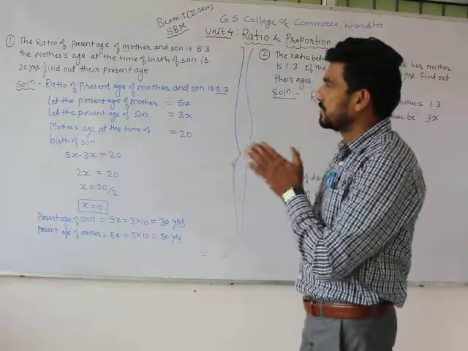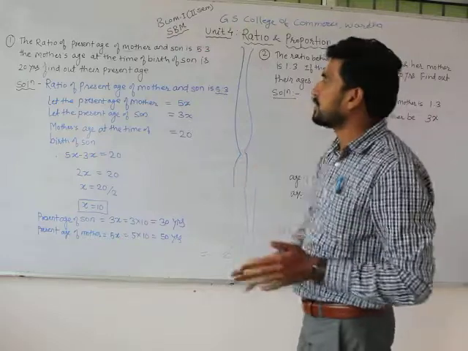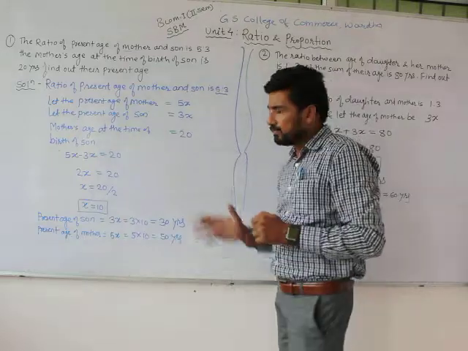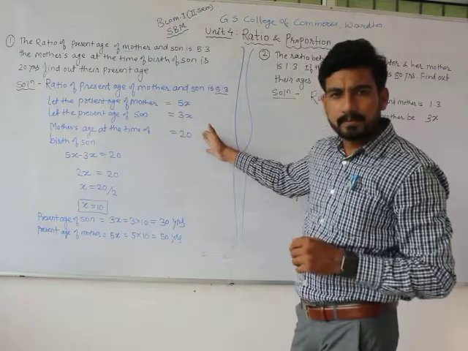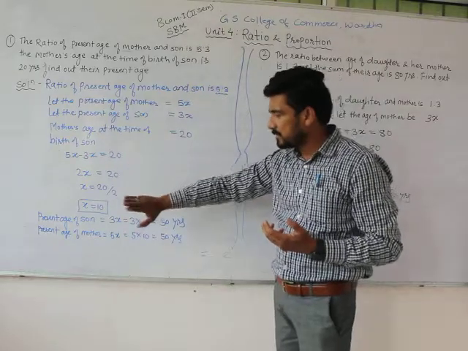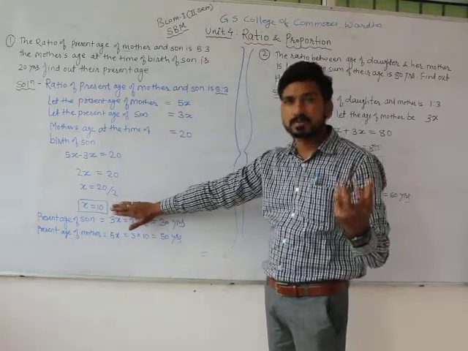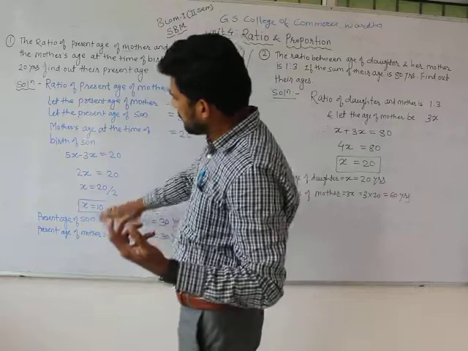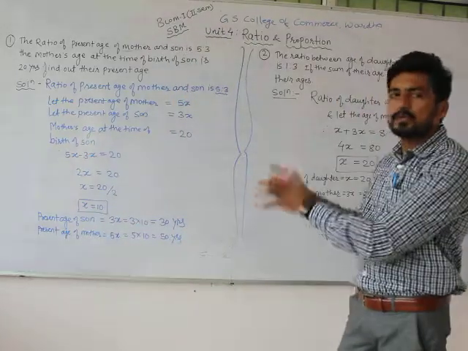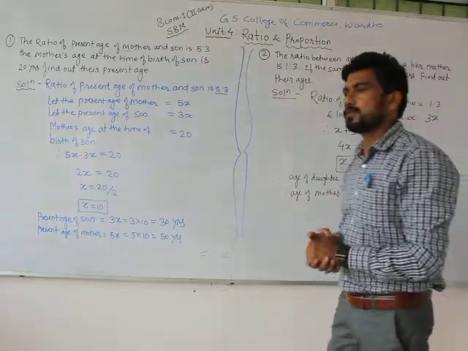We have to find out their present age. Now first we will see what we have. We will write that information, then write the equation, and after writing the equation we will find the value of the supposed factor, and then using that value we will find our answer. So this is the methodology of solving problems of ratio and proportion.